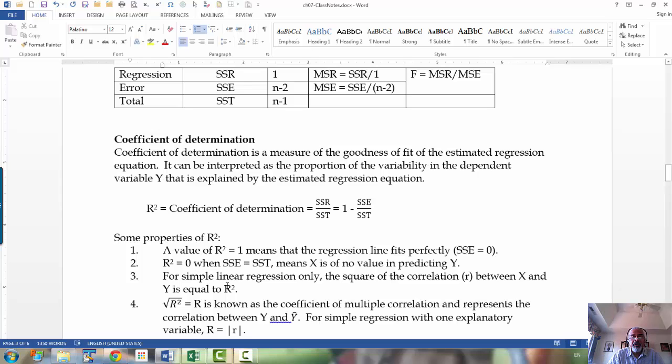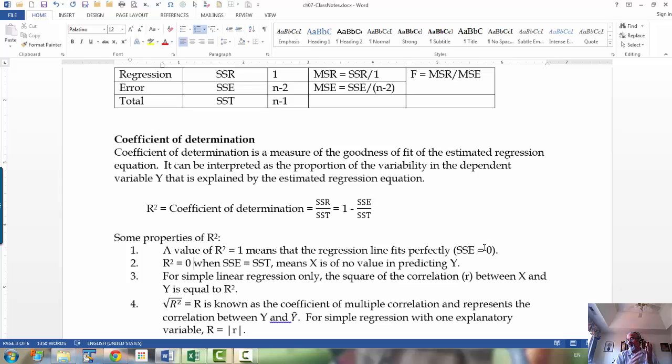For simple regression only, if you take the square root of this R squared, what you get is the linear correlation coefficient between x and y. In general, the square root of R squared is known as the coefficient of multiple correlation, between y and y hat.